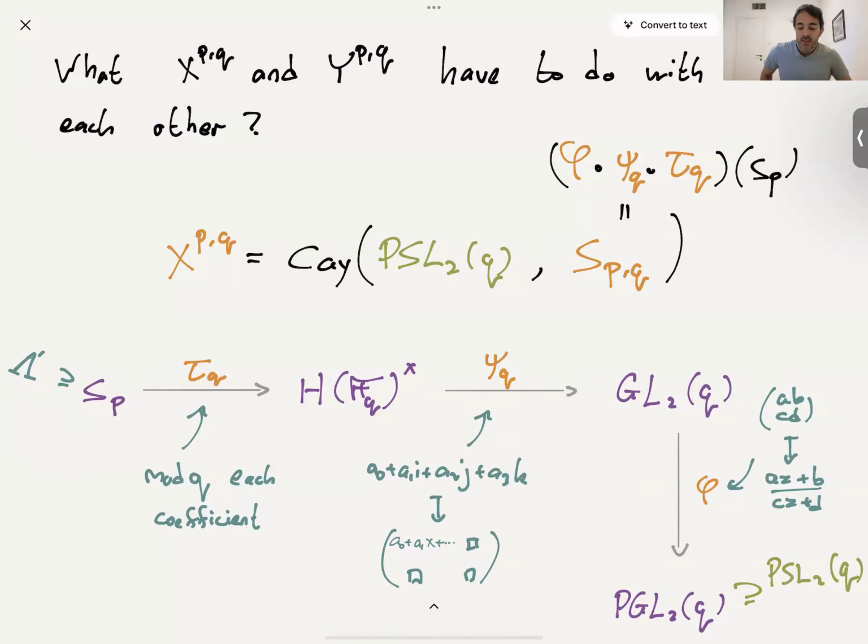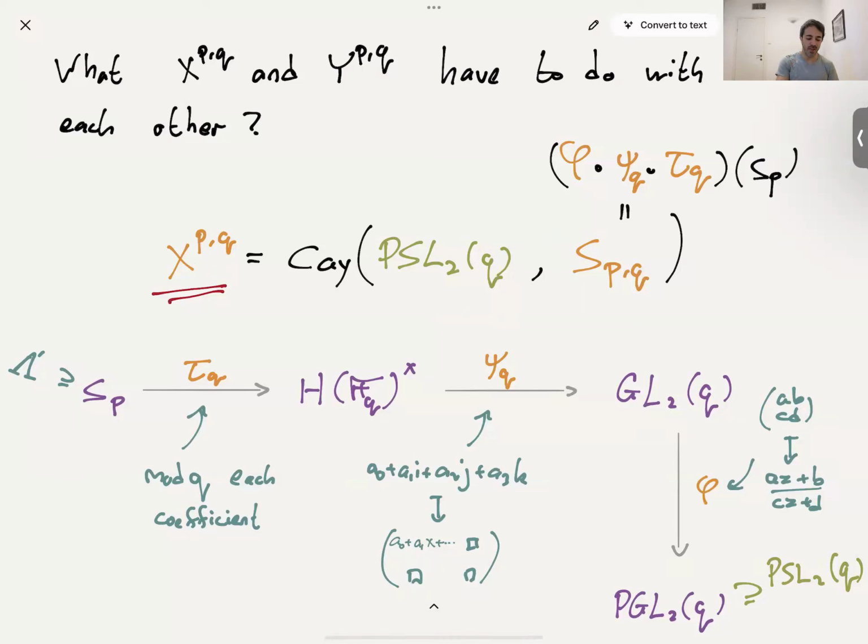So if you remember, XPQ was defined to be the Cayley graph, assuming P is 1 modulo Q, whose vertex set corresponds to PSL2. Otherwise, for P equals 3 modulo 4, you need to take the coset of that, but let's stick with P equals 1 modulo 4. And the generating set was SPQ.